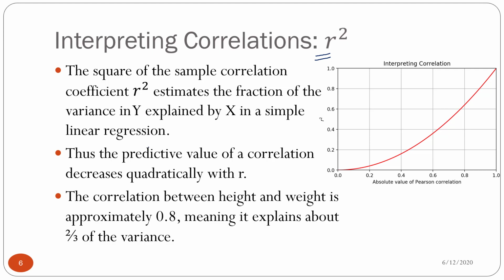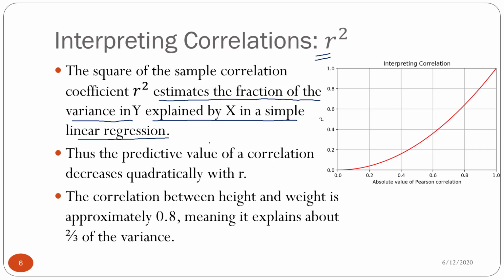We have looked at the Pearson's correlation coefficient, so let's discuss from that point of view only. So I will read it and then I'll explain to you. That will be better, I believe. So the square of the sample correlation coefficient R square estimates the fraction of the variance in Y which is explained by X in the simple linear regression. Alright, so this is very interesting, very important, so please try to understand.